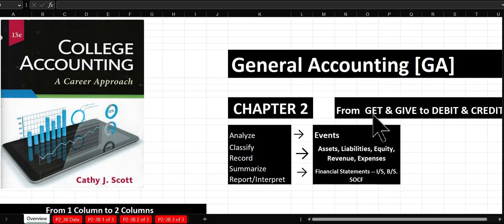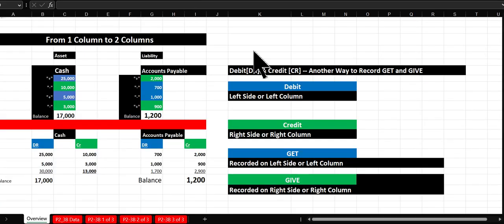Instead of using get and give, we will transition to debit and credit, and it will be a very smooth transition. So we still will begin with determining what did we get and what did we give, and then we're going to record the debit and credit. And again, the transition, as I said, is going to be very easy.